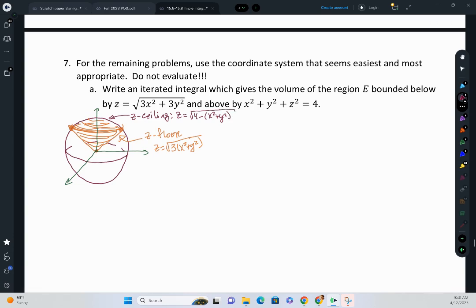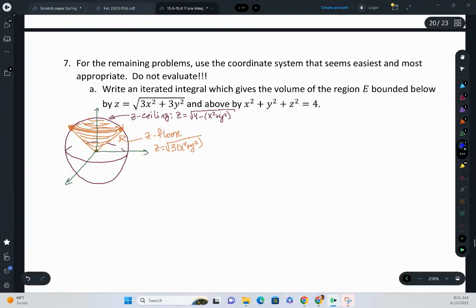And just looking at those, I'm thinking, oh, okay, well, x squared plus y squared is r squared. So I can get a really easy conversion into cylindrical without having to figure out angles. Right now, I don't know what phi would describe the cone z equals the square root of 3x squared plus 3y squared. So this is easiest done with cylindrical.